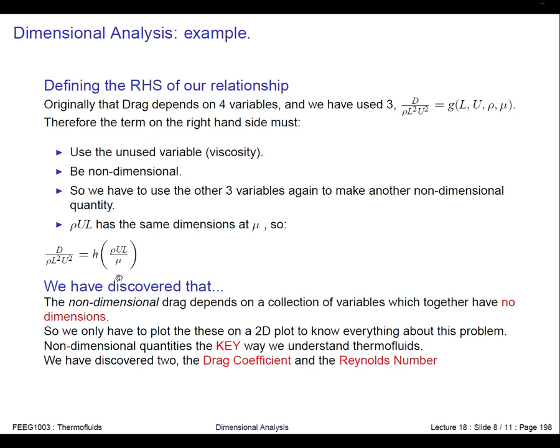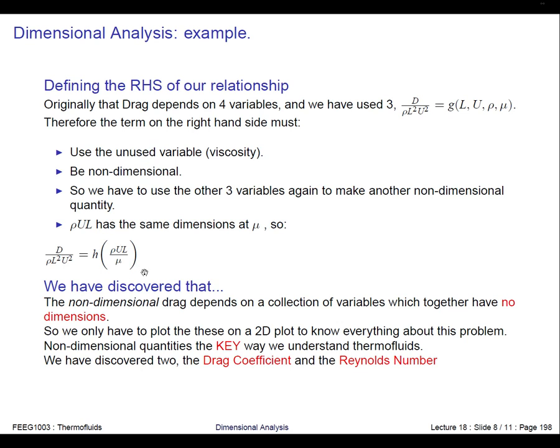So this group of variables is pretty key. It's called the Reynolds number. It's the most famous non-dimensional number that you're going to come across in thermofluids, and it effectively defines the transition between a laminar flow and a turbulent flow.